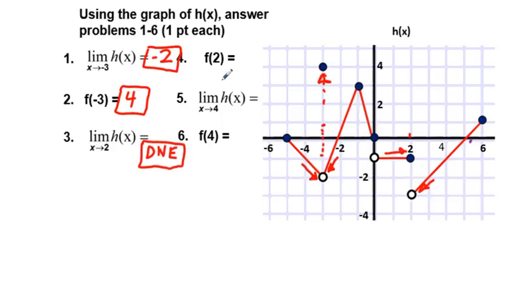Okay, number 4, f of 2 is, and so we go to x equals 2, and this point here defines the value of f of 2, which is going to be -1. Now the limit as x approaches 4 of h of x. Here we are at x equals 4, and from the left side and the right side we appear to be approaching this value, which looks like -1.